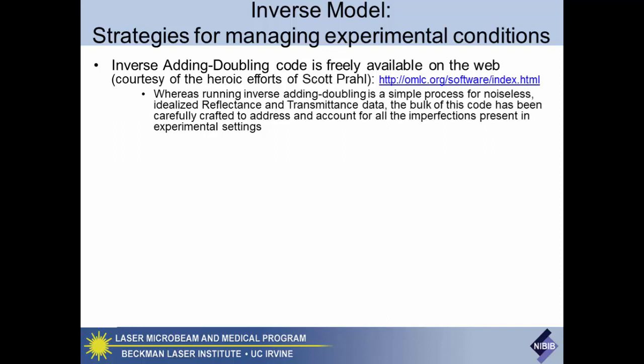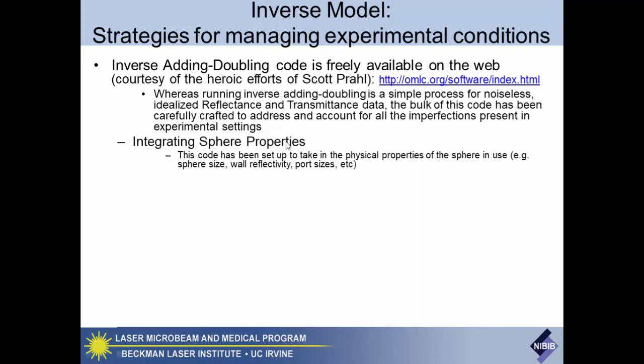And the nice thing about this code is that he's come up with a system that will do a lot of the practical accounting for the physical limitations of using this inverse adding doubling model. So again, he accounts for different imperfections, such as the integrating sphere properties.